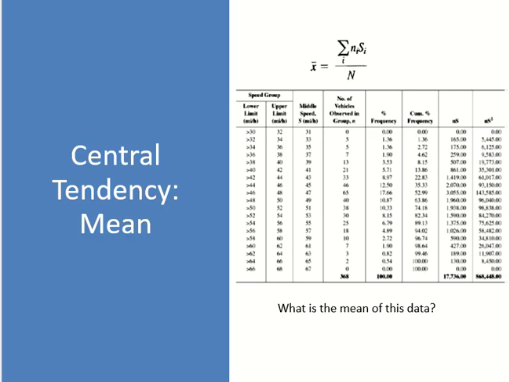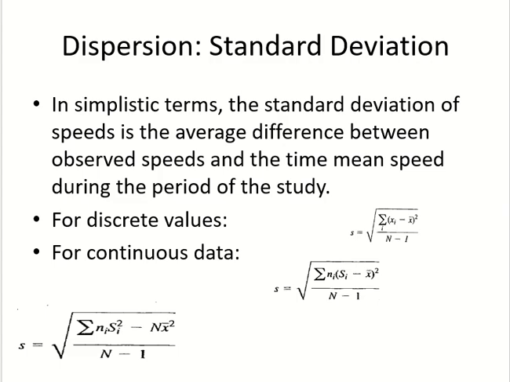So we didn't do direct summation of values. We do summation of some product upon the number of values. Why? Because our data is different. It is frequency data. We have groups and we have their frequencies. So this equation which you see is for when you are directly dealing with the values.